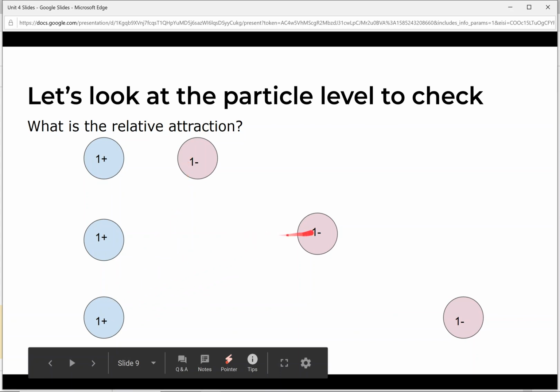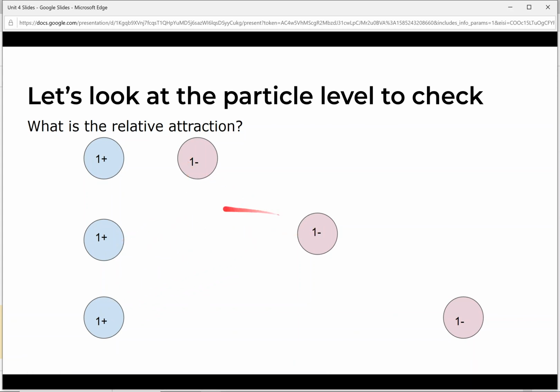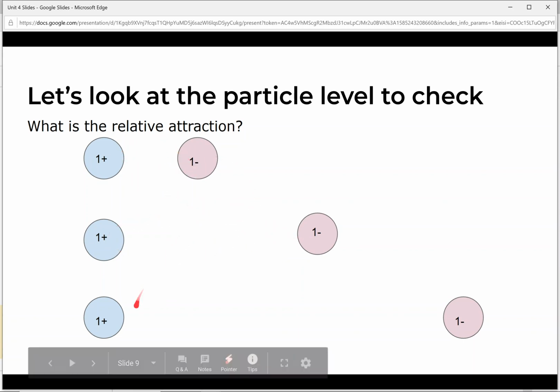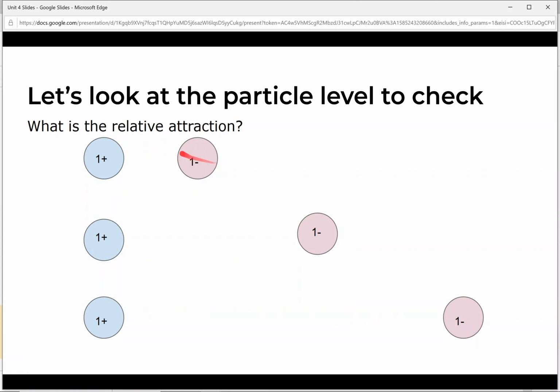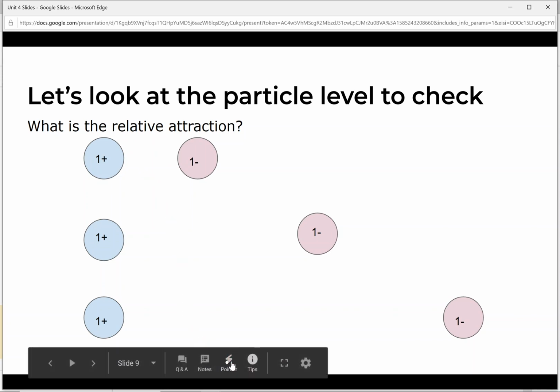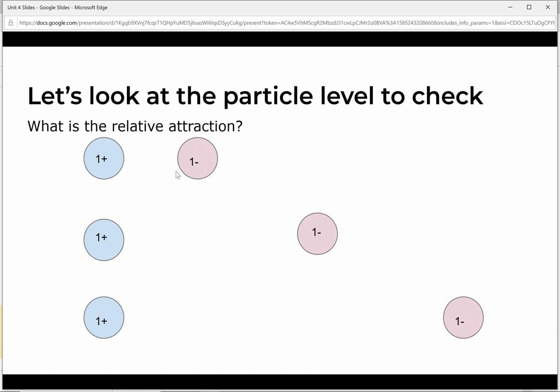Each of these has the same number of charges, right? 1 plus, 1 minus, 2 charges overall. So the charges aren't changing. Distance, though, is changing. Looks like we have close, medium distance, far apart. So the closer ones are going to be more attracted than being far apart. So this pair is more attracted to each other.